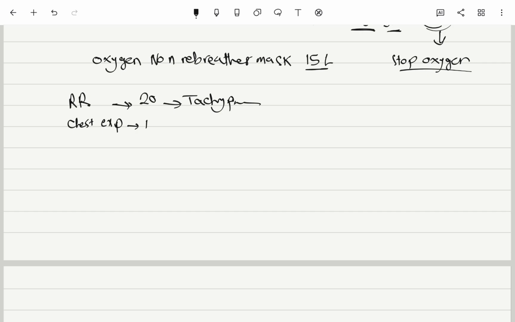Okay, I will percuss both sides of the lung. If there is hyperresonance, it may indicate pneumothorax.